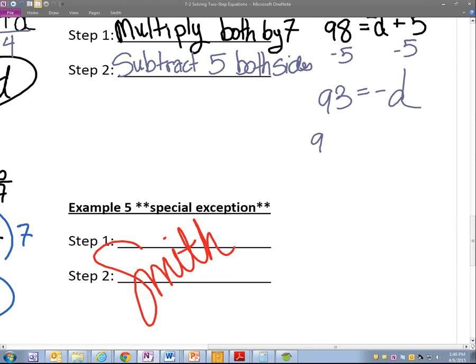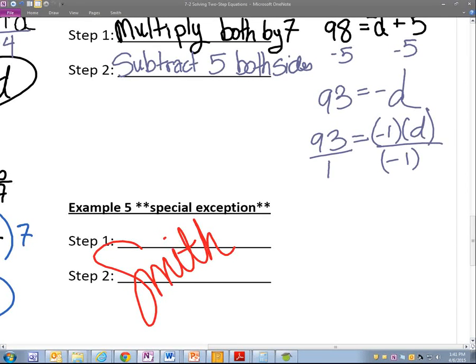Now think of it like this. You do not have to write this part, okay? Do you agree that -1 times D is -D? Okay? So in order to get that negative to magically poof to the other side, because magic doesn't happen in science and math, we have -1 divided by -1 over here.